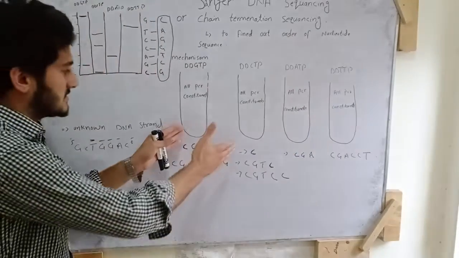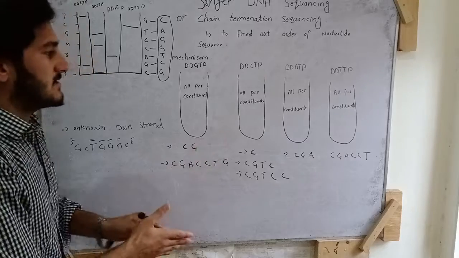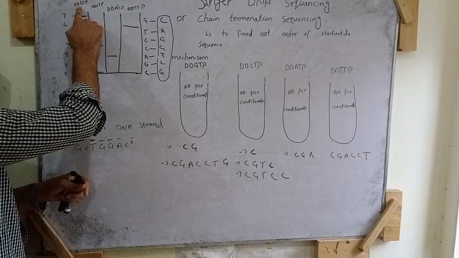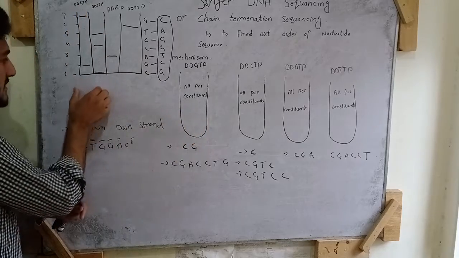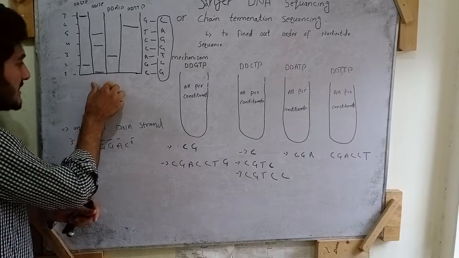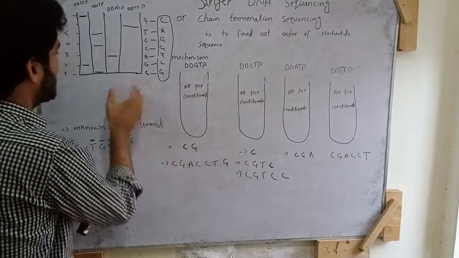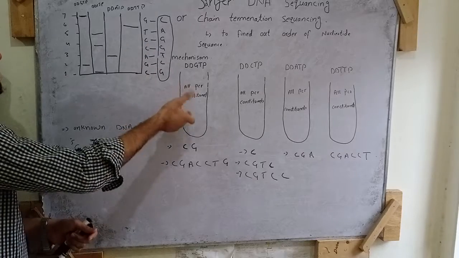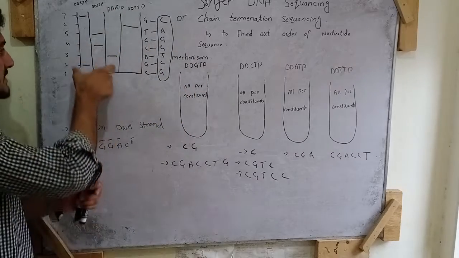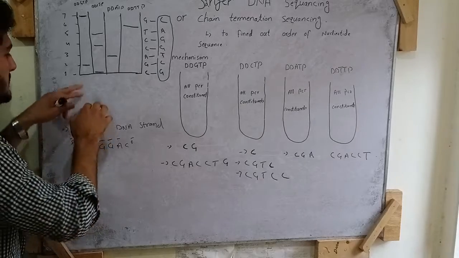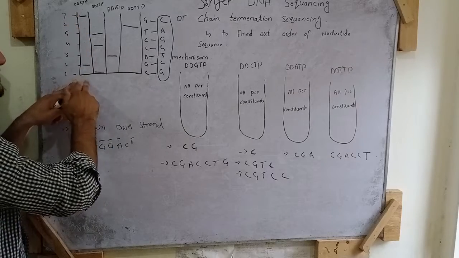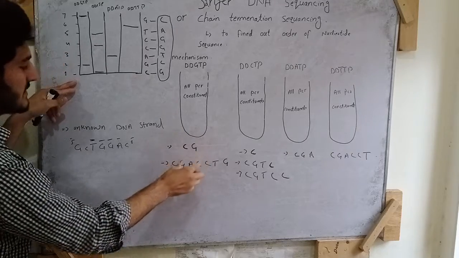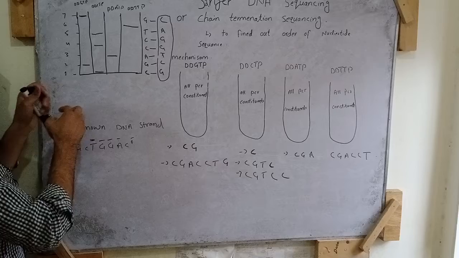Now we take all these tubes and run them on gel electrophoresis. Here this is the ddGTP tube, this is another, and this is the other gel tray per separate tube. We add our sample to the gel and run it. For the ddGTP, two fragments are formed: one is 2 nucleotides and the other is 7 nucleotides.